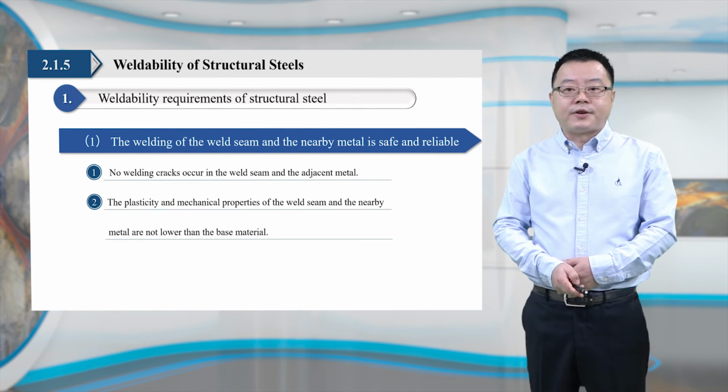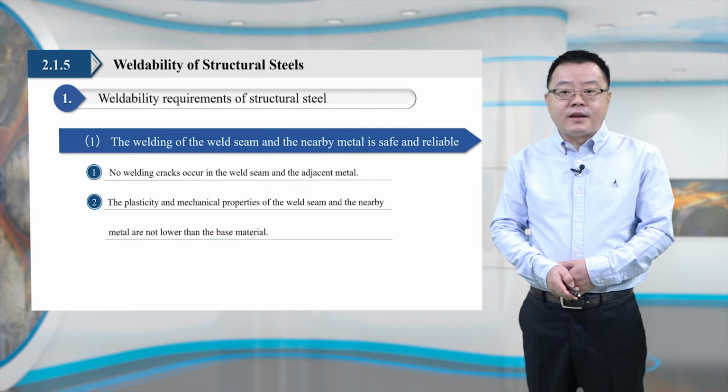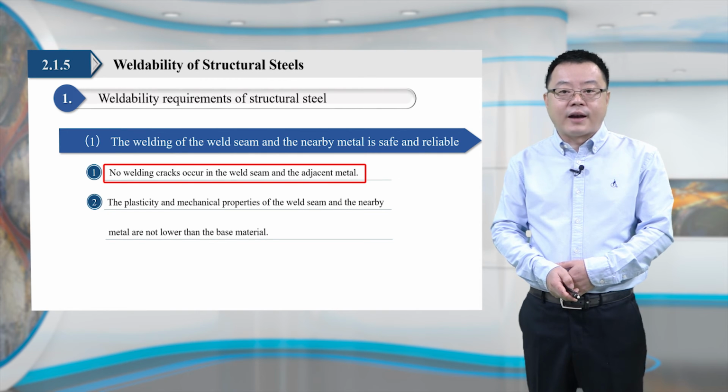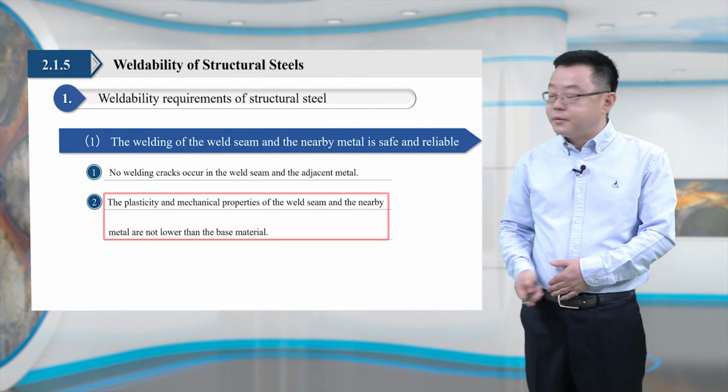In steel structures, welding is the most commonly used connection method, so there are specific requirements for the weldability of structural steel. First, there are no welding cracks in the weld seam and the adjacent metal. Second, the plasticity and mechanical properties of the weld seam and the nearby metal are no lower than the base material.